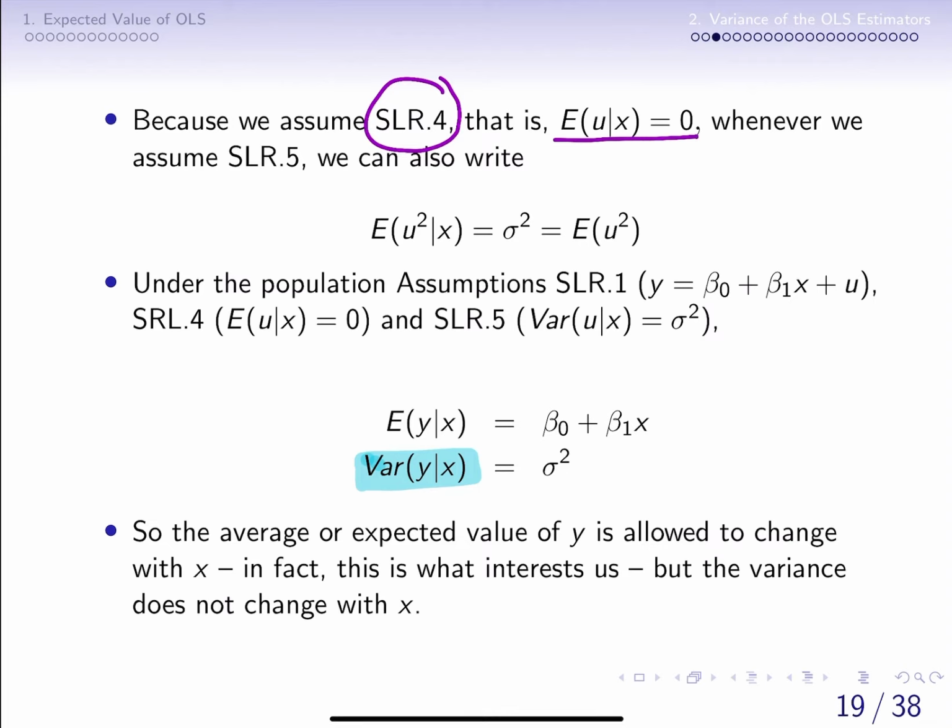If we assume homoscedasticity, or constant variance, we can write down that the expected value of u square given x is equal to some constant, which is equal to the expected value of u square. I'll tell you where that comes from.